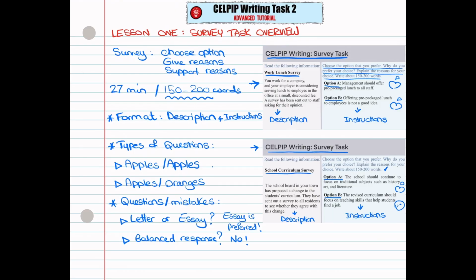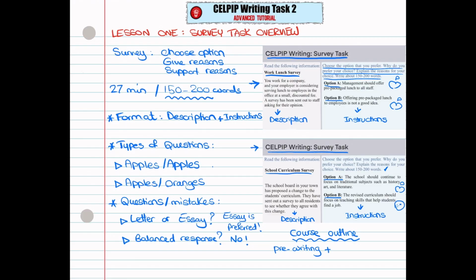Okay, now that we've familiarized ourselves with the task and its format and expectations, let's quickly go over the course outline and see what you will be learning from me in this course. We'll start this tutorial with the pre-writing phase, in which I'll teach you how to brainstorm ideas and draw a clear paragraph outline for your response.